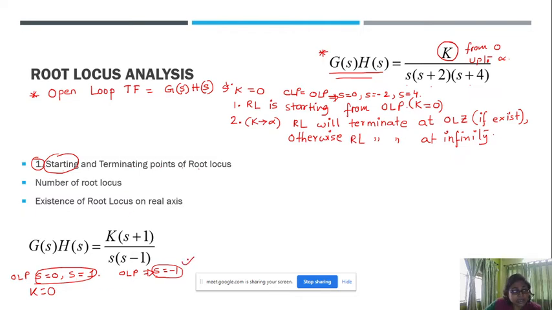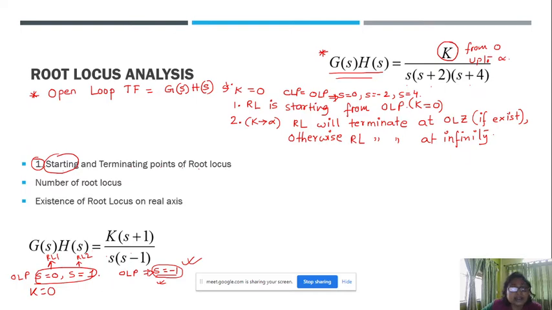So we are getting at least one; 2 poles are there but 1 zero. So as there are 2 poles, naturally from each and every pole a root locus will start. So that means 2 root loci will start, root locus 1 and root locus 2. Okay, but as there is only one open loop zero, only one root locus can terminate here. So what will be the fate of the second one?